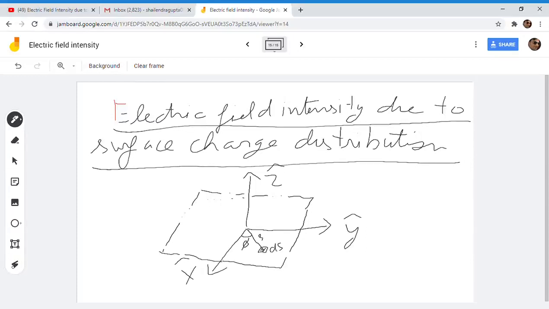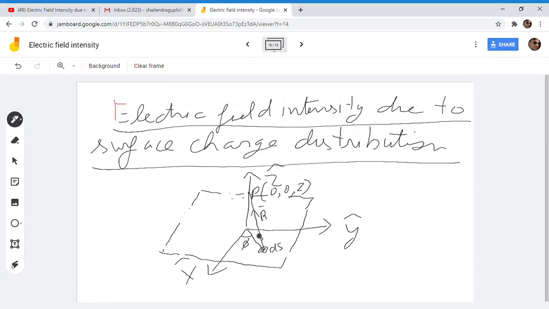Okay, and we need to calculate the electric field at a point P here, which is placed at 0, 0, z. Okay, so now we need to calculate the electric field due to this surface charge density. So let us draw the distance vector. So here the distance vector will be like this.